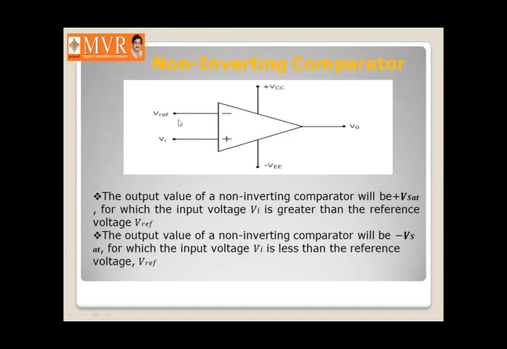So we are going to give the opposite of the inverting comparator. We are going to change only the inputs, where V reference is given to the inverting input and the input signal is given to the non-inverting input.